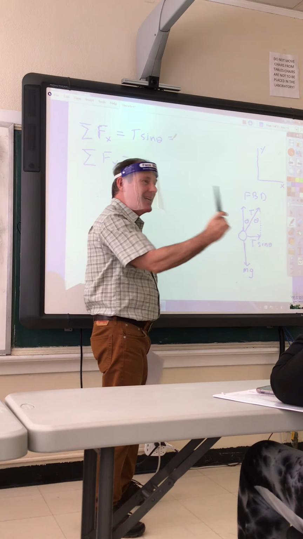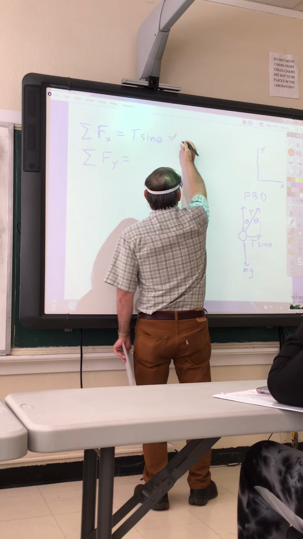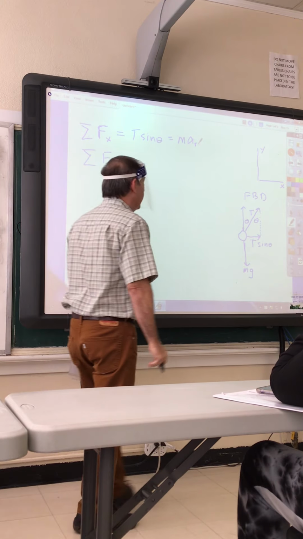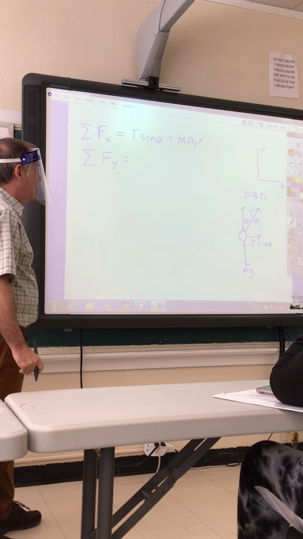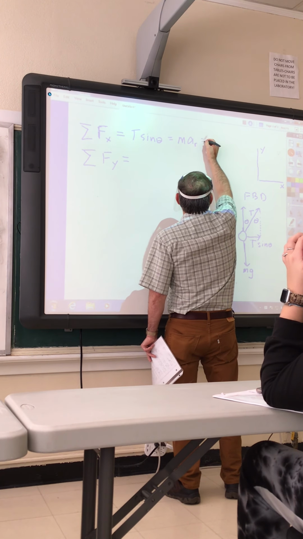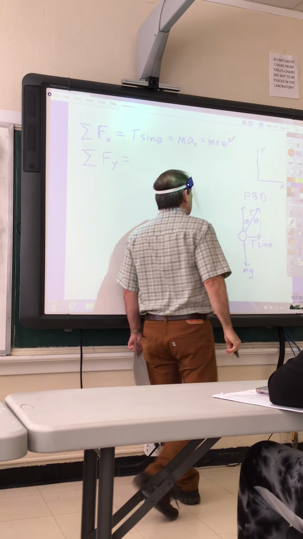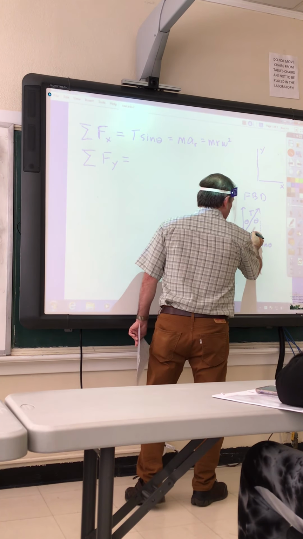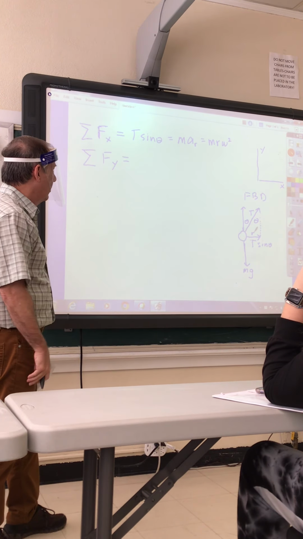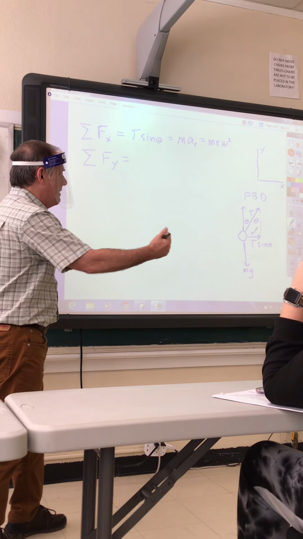But because that's the same plane where the circular motion is, that's going to be equal to m times the radial acceleration, m v squared over r, where r is this distance, which is basically L sine theta. So that's our equation in the x direction.